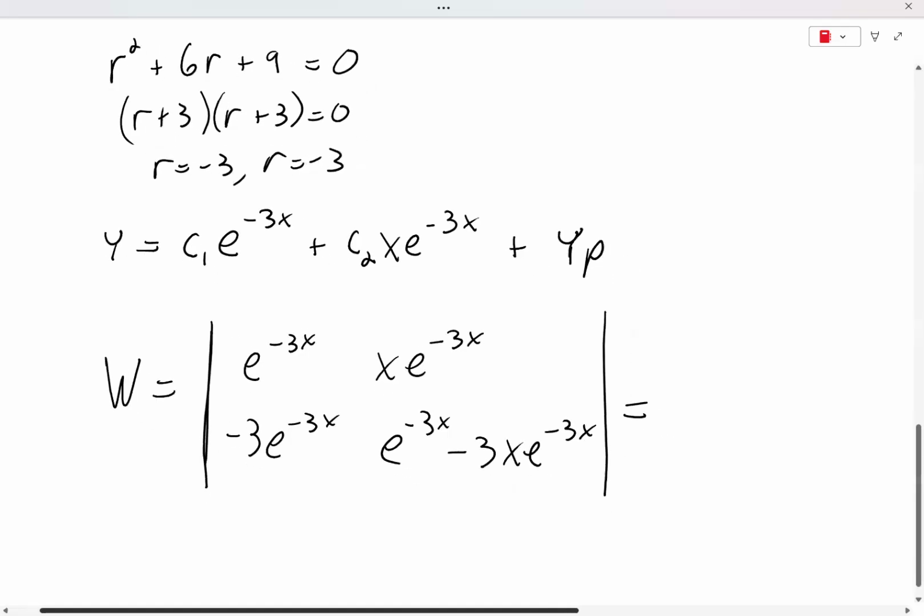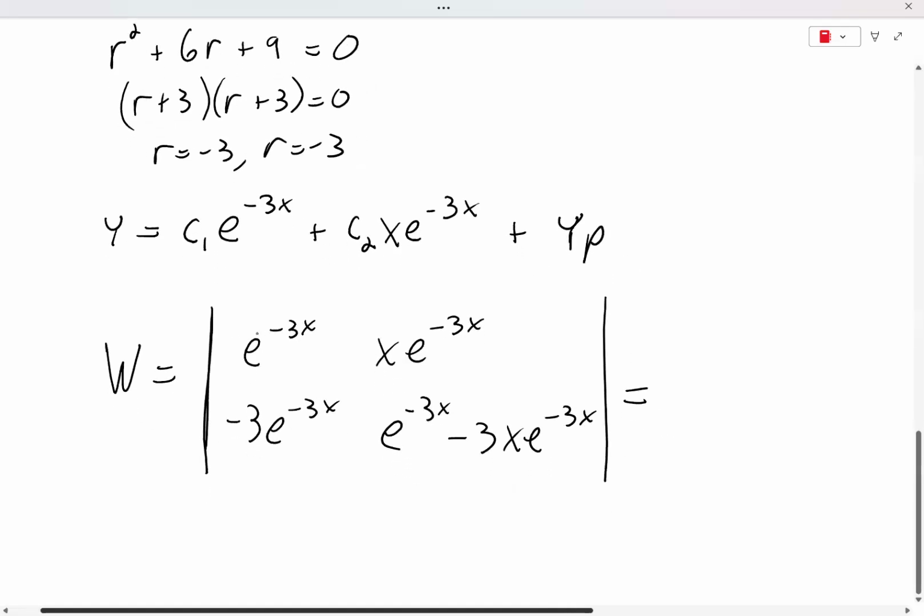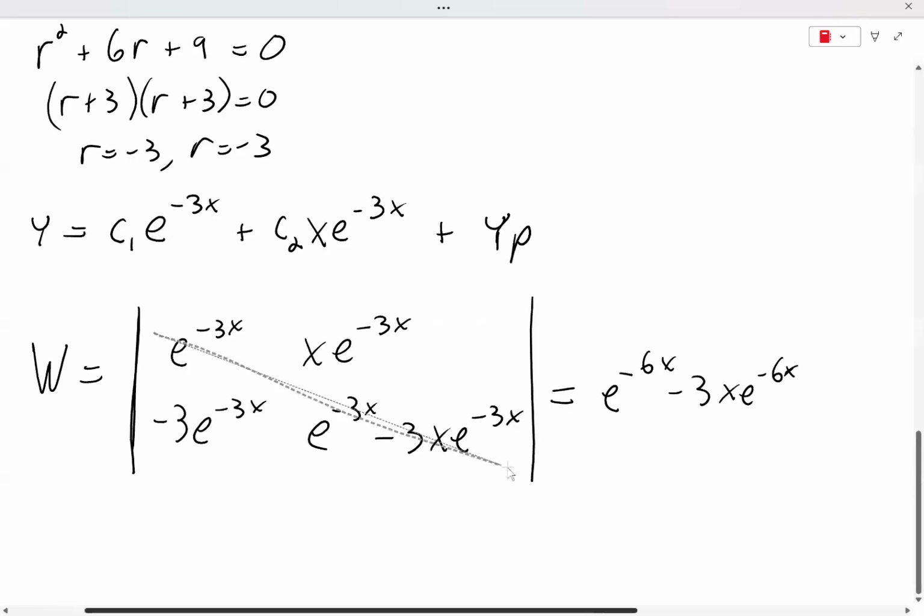So then now, what do you do? You multiply these together here, and then basically crisscross these, right? Multiply this way, subtract. So if you do that, I get e to the negative 6x minus 3x e to the negative 6x, right? Exponent rules there. That's multiplying these together, and you have to distribute through there.